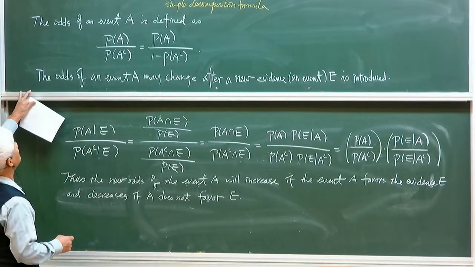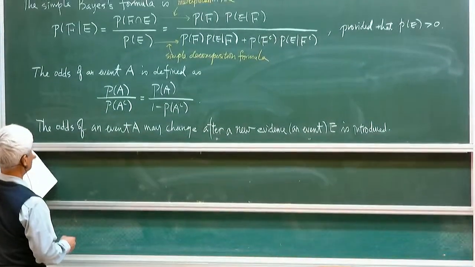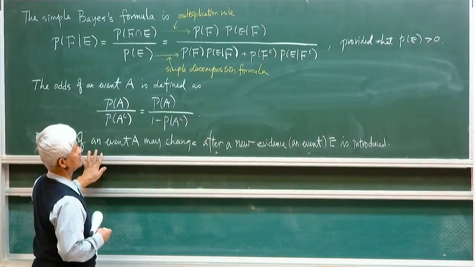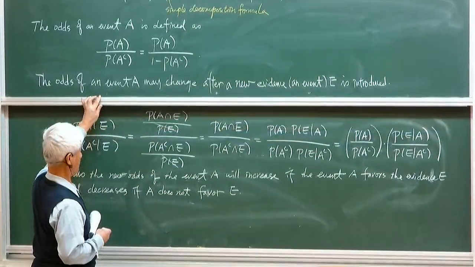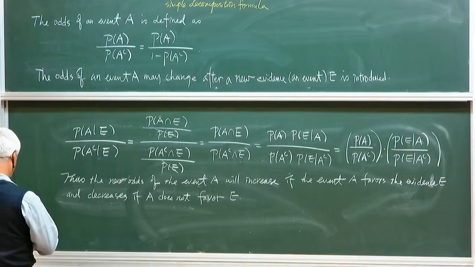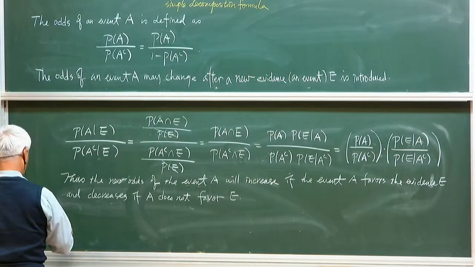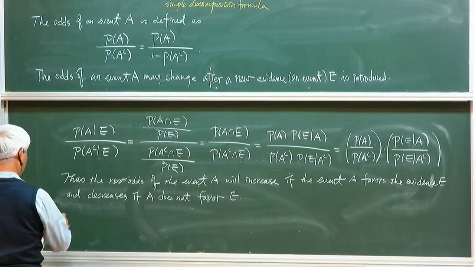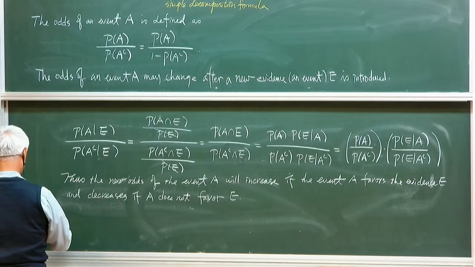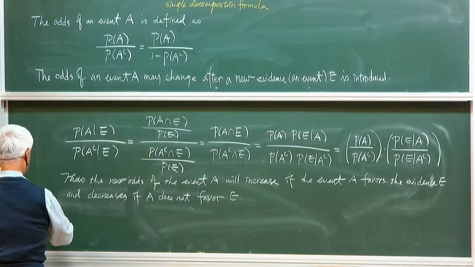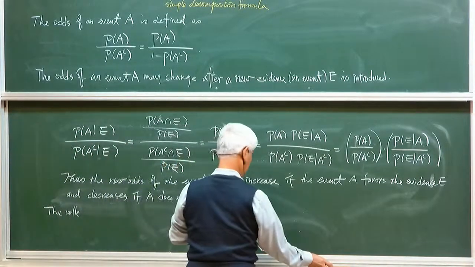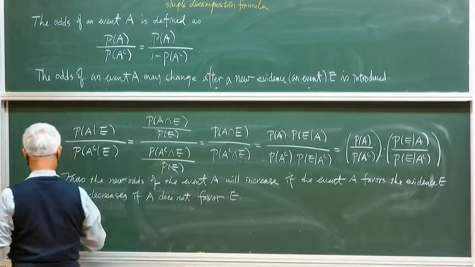Now we want to extend the simple Bayes formula. We will introduce a concept called a partition.